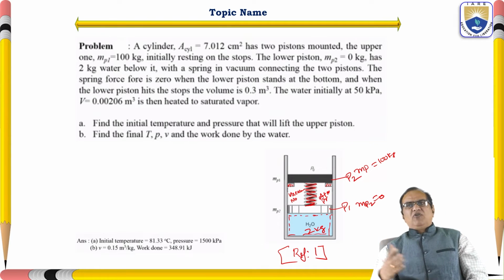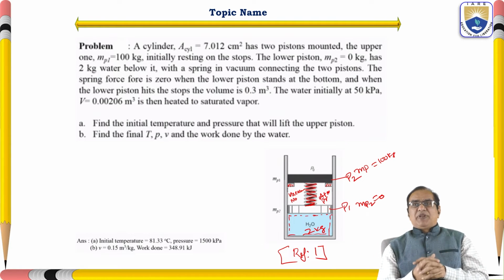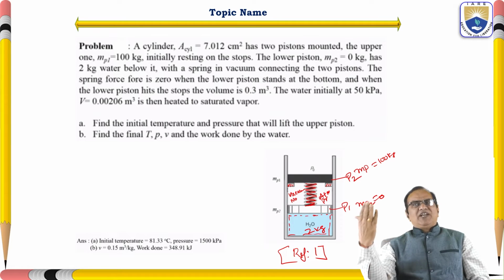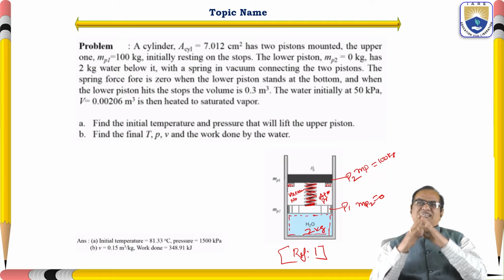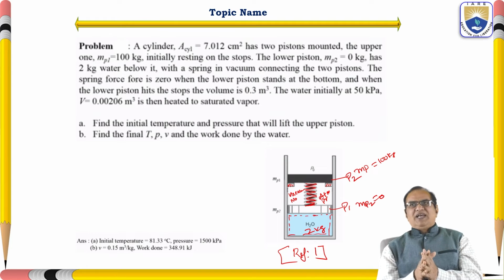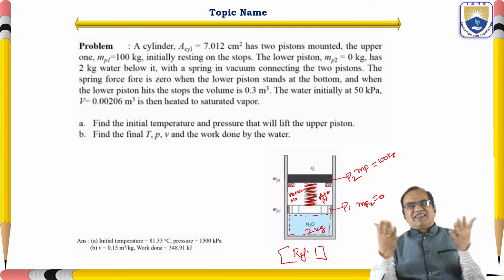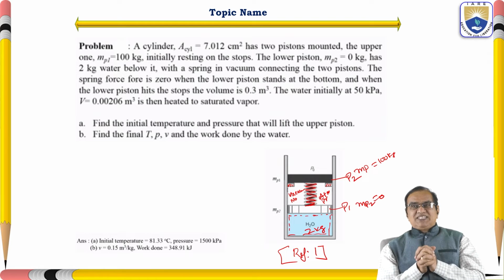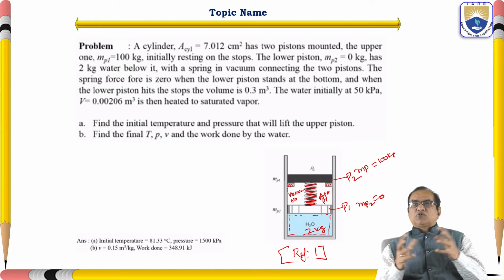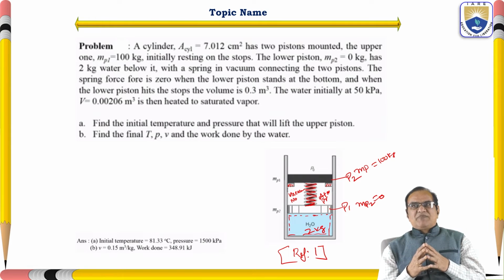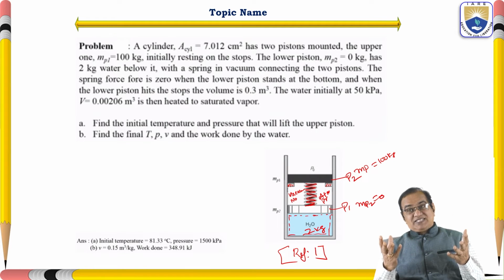So we have to find out the initial temperature. In the first case, P and V are given, and we have to find the T. Just refer to the table of water, and in that condition you will get the temperature. Find the initial temperature and the pressure that will lift the upper piston, which is 100 kg.